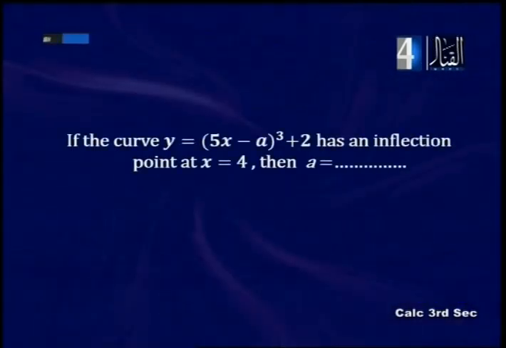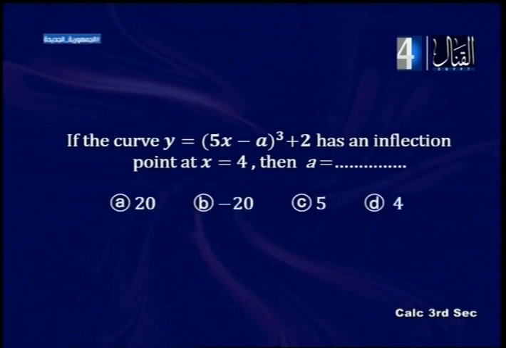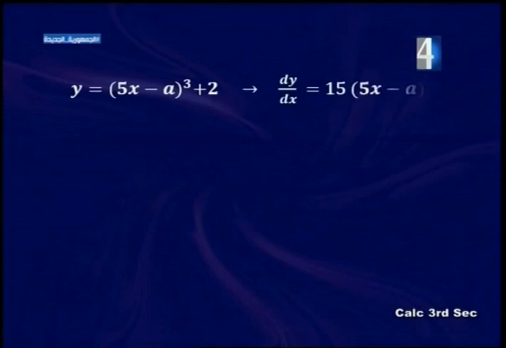If the curve y equals between two brackets 5x minus a, all to the power 3, plus 2 has an inflection point at x equals 4, then a equals 20, -20, 5, or a equals 4. Now y equals the bracket 5x minus a to the power 3 plus 2.